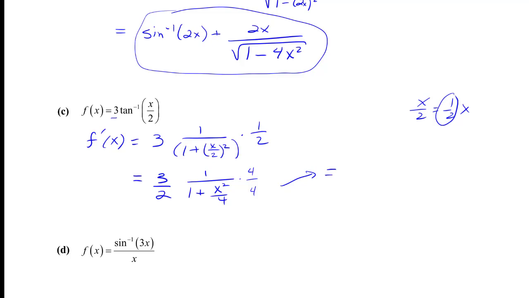So 12 over 2 is 6. All right, and then I have 1 over, so when I multiply that 4, I'll get 4 plus x squared. So really in the end, I get 6 over x squared plus 4.